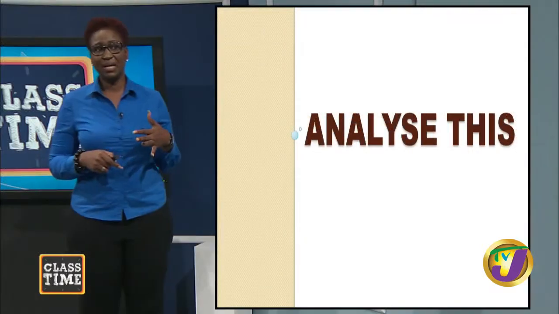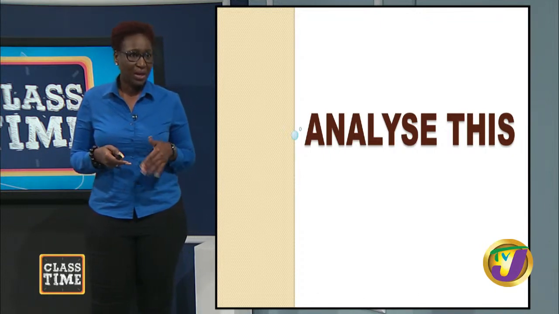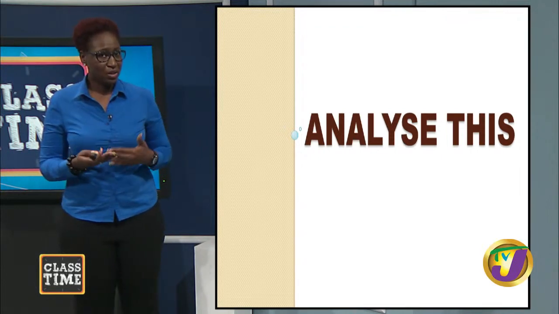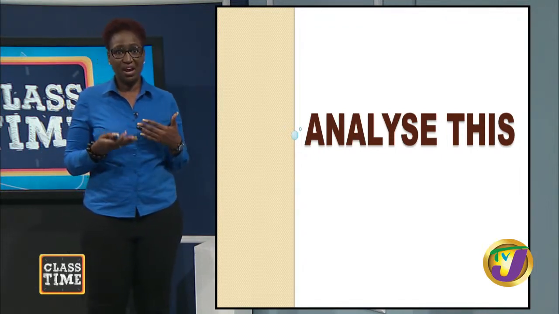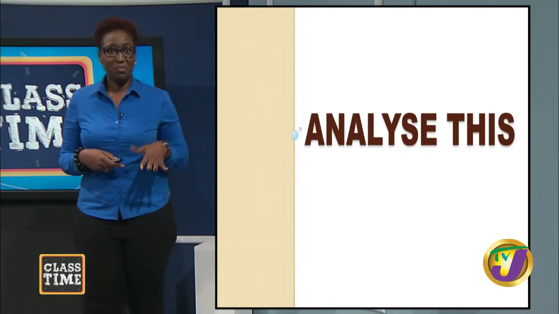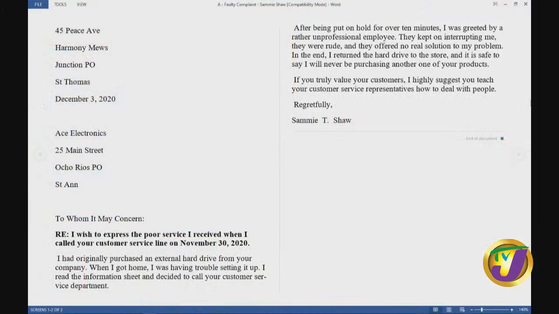We're going to look at some examples of different types of letters now. In looking at the letters, we are going to see how well you can pick up the different errors that might be in them. So here's the first letter. Remember, you want to read it closely. Look at all the details that are on there. Look at what might be wrong with it. So look carefully.